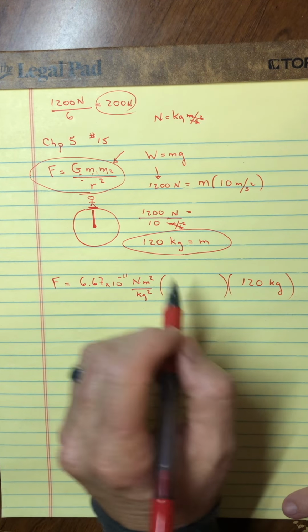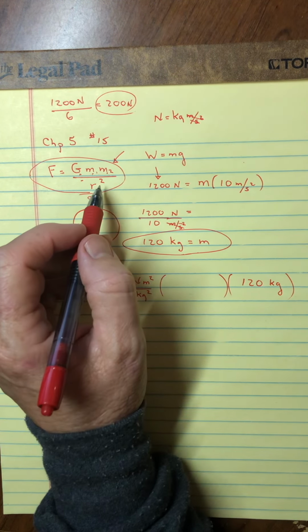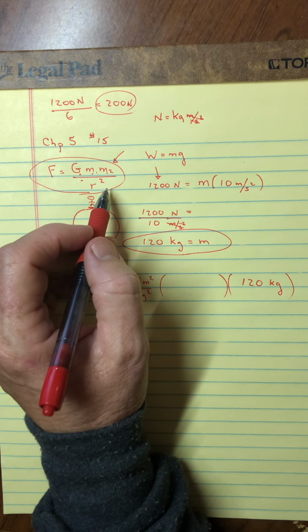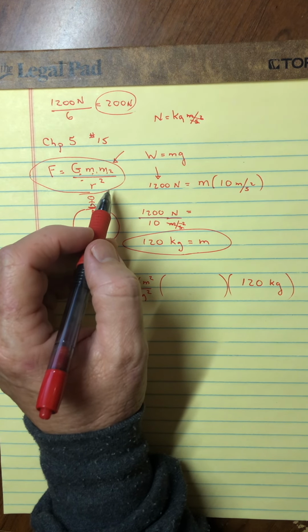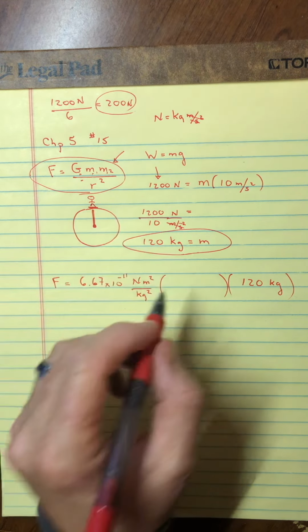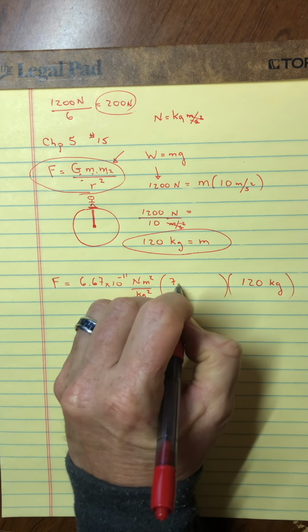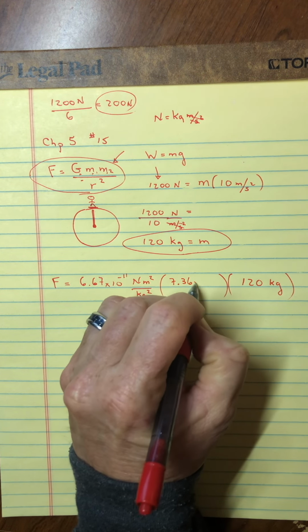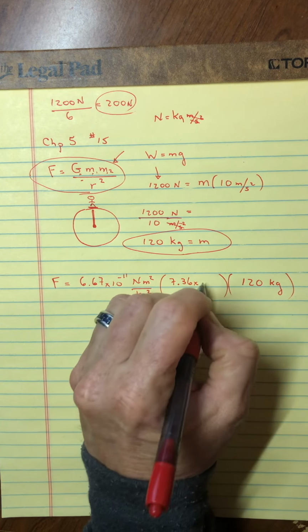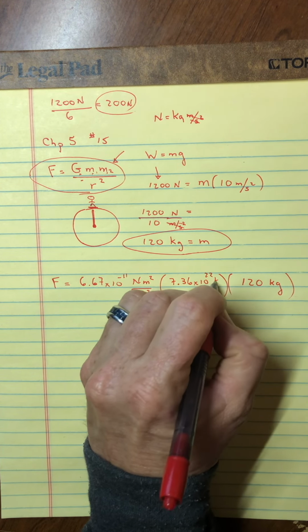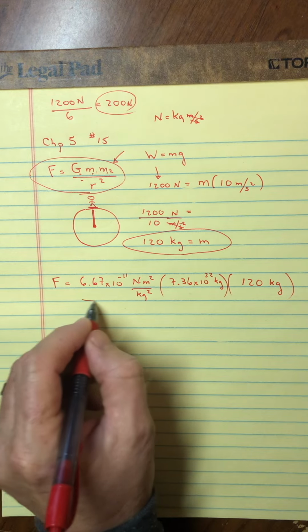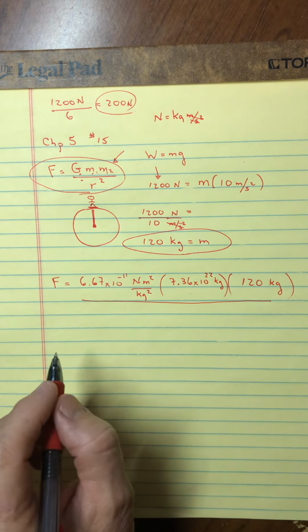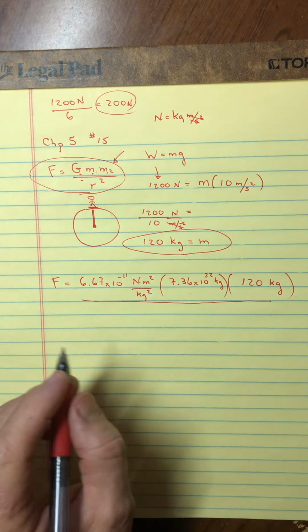Okay, but the moon we need to look up here, and it says somewhere here that the mass of the moon is 7.36 times 10 to the 22 kilograms. Then we divide that by the radius of the moon squared.